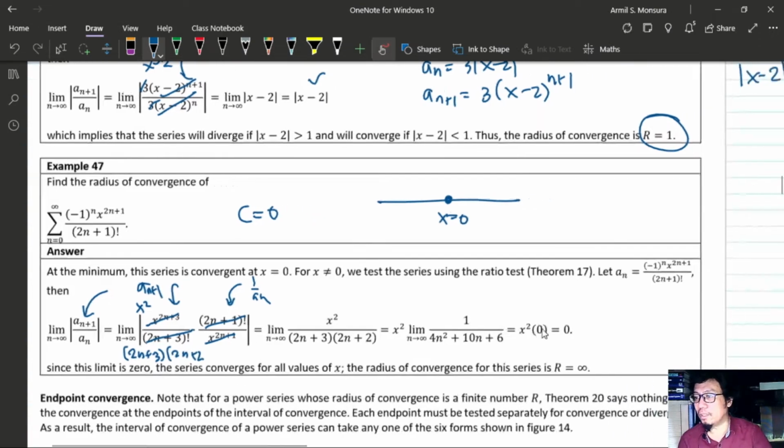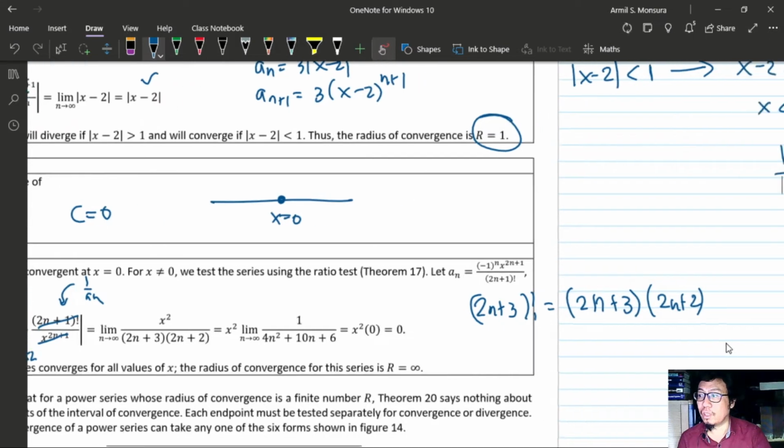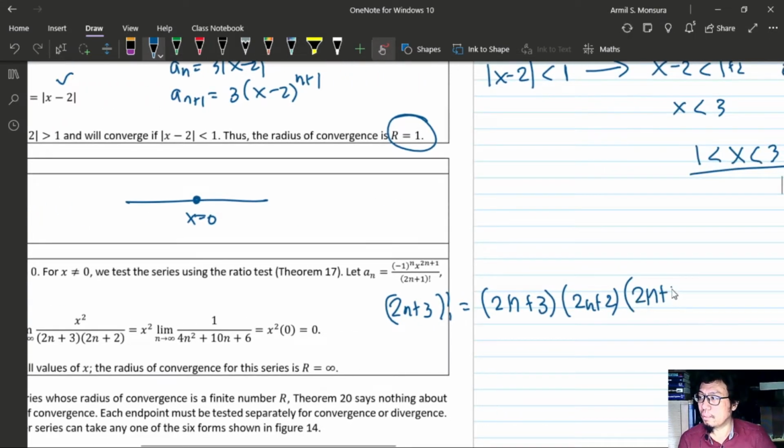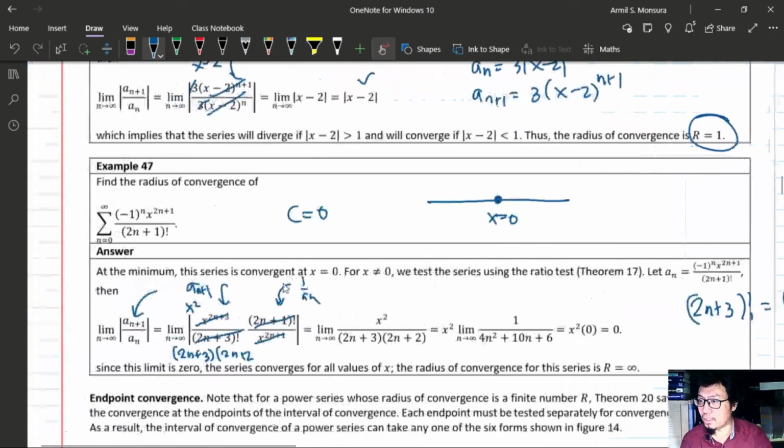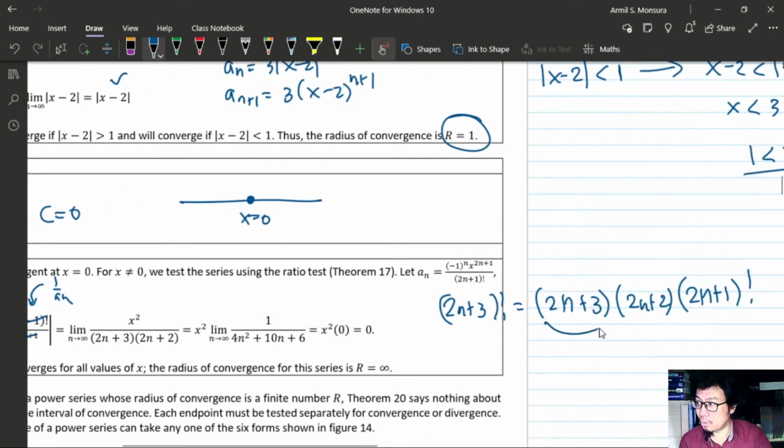If you are asking how that happened, remember that (2n plus 3) factorial is 2n plus 3 times 2n plus 2 times (2n plus 1) factorial. This (2n plus 1) factorial and this (2n plus 1) factorial would cancel themselves out, leaving these two factors. I hope that you were able to get a grasp of this definition of factorial.